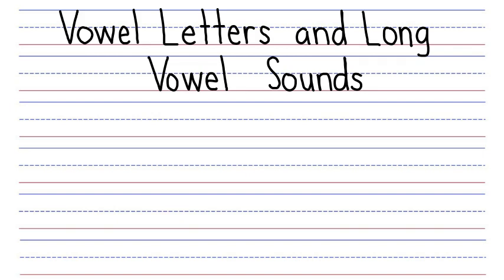Since VCE syllables usually have a long vowel sound, let's write down the vowel letters and talk about the long vowel sounds that they can make. Get out a paper and pencil and write the letter A. A makes one long vowel sound, a long A sound, where A says its name, as in the word ate.